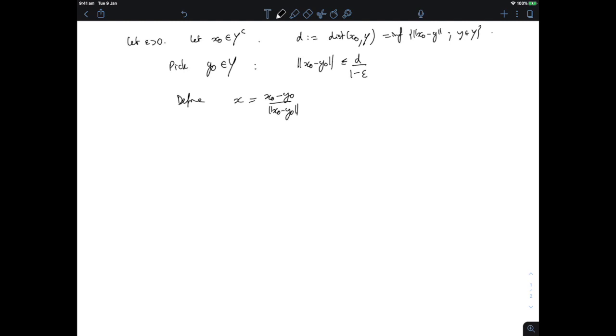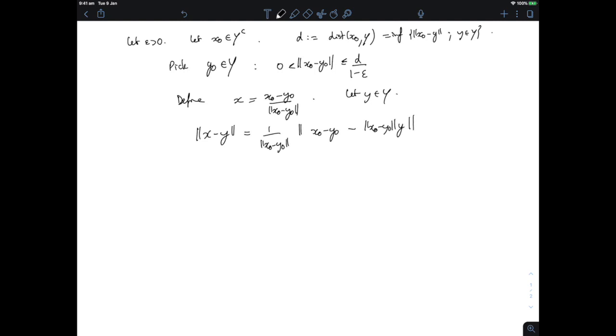Right, now x0 is not in Y, so this is certainly non-zero, so I'm not dividing by 0, and in this way I'm certainly creating a vector x of norm 1. Now, if you give me a y in capital Y, what can I say about the distance between x and y? Well, it is 1 divided by the norm of x0 minus y0, times the norm of x0 minus y0 minus the norm of x0 minus y0 times y.